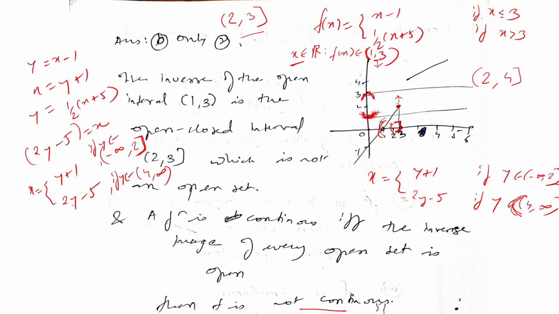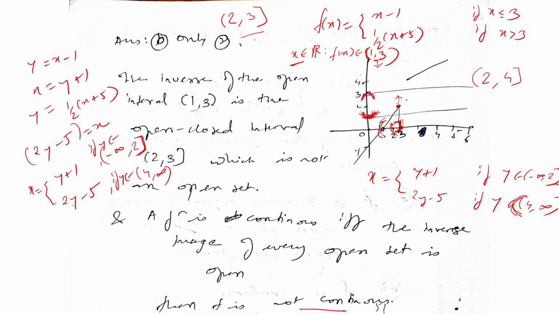Now if we are moving in this direction upwards, after this point 3 you are not getting any image. The maximum you get is up to 3. So all the pre-images for 1 to 3, you are getting in between open 2 to closed 3. After 3, you are not getting any point.